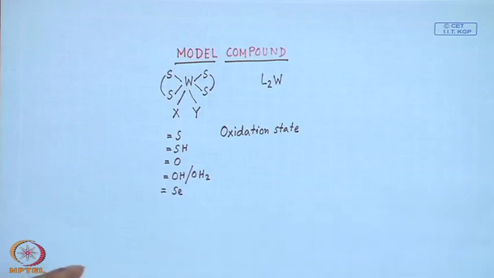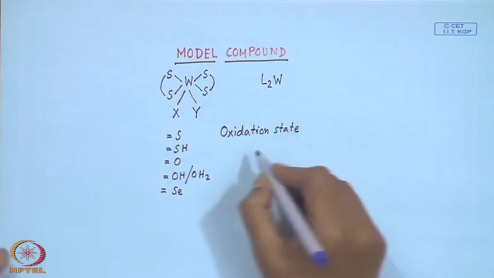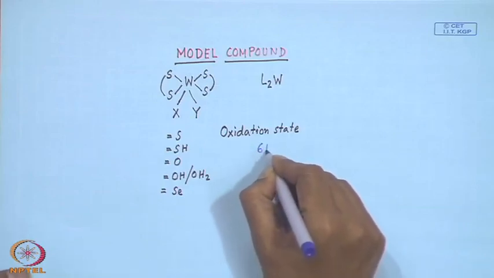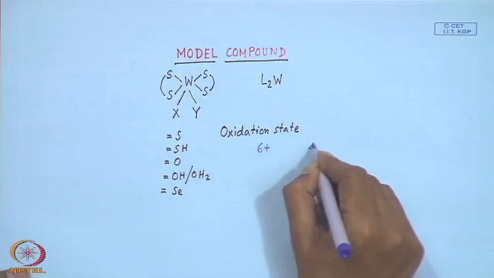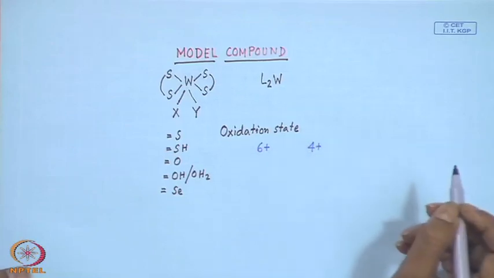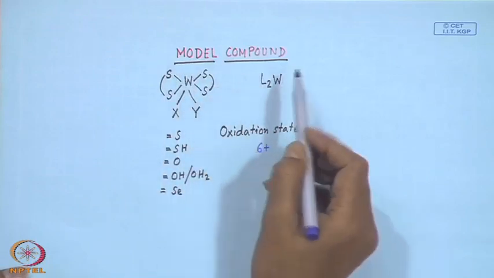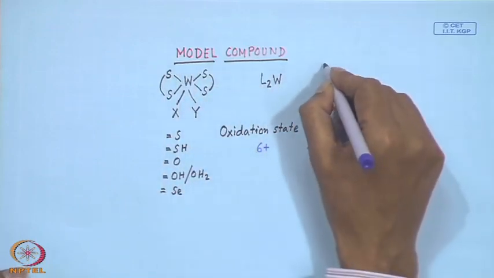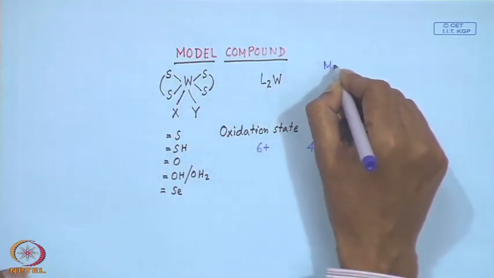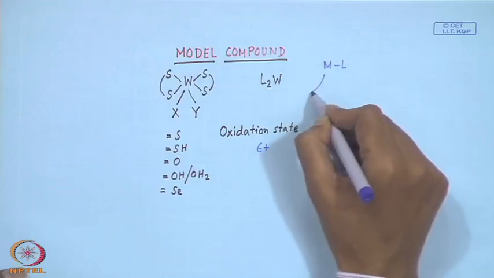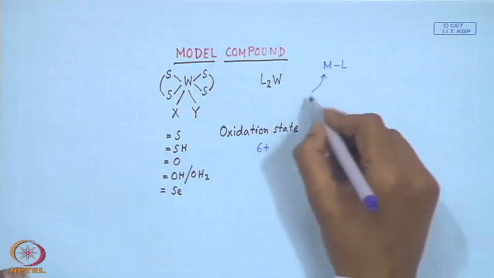So when we talk about the tungsten site, we do not know whether the hexavalent state or the tetravalent state is catalytically active. To make this model compound, that means the corresponding metal-ligand assembly, we have the metal center as tungsten. So what type of metal salt should we use?